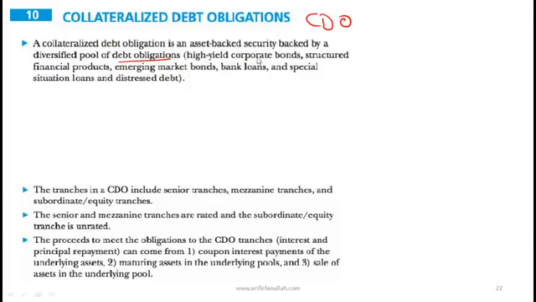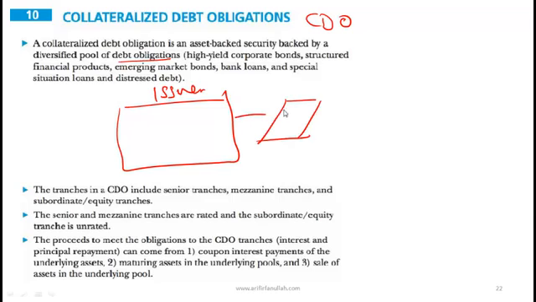Examples include high yield bonds or junk bonds, other structured financial products. So you could have mortgage-backed securities, other kinds of asset-backed securities. You could have emerging market bonds, bank loans, special situation loans, distressed debt. So the whole point here is, if this is your issuer who is issuing these collateralized debt obligations, the pool now is a diversified set of debt instruments such as the items mentioned above.